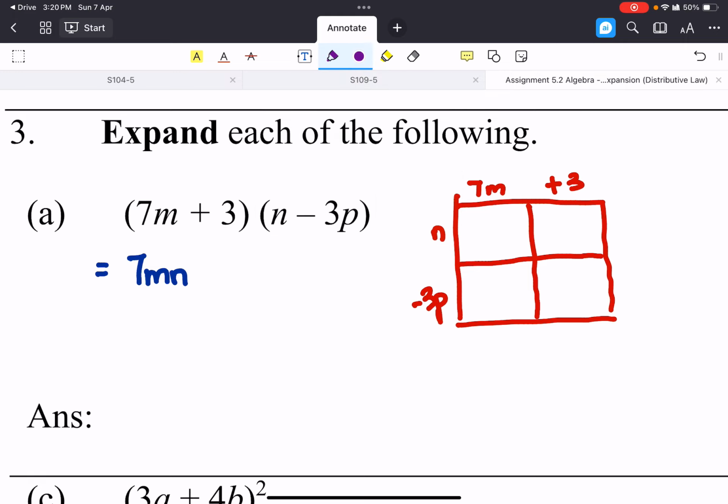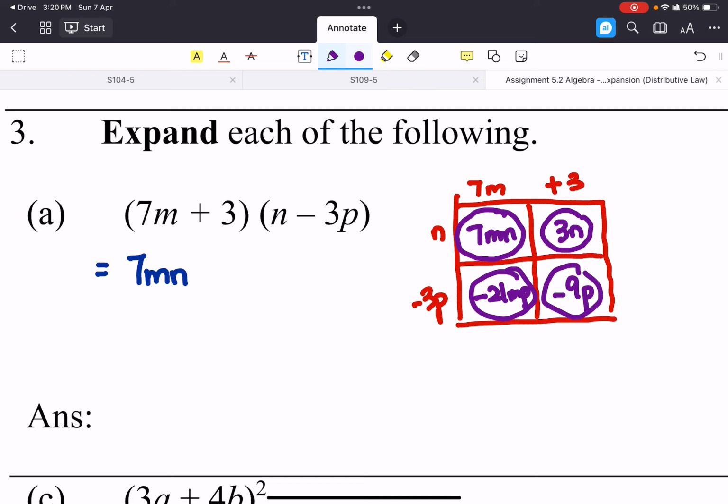So from here, we have actually 7mn. That's the area, right? So over here, we have 3n. Over here, we have negative 21mp. And over here, we have negative 9p, right? So that's how we can continue. So we have plus 3n minus 21mp minus 9p. Okay, is this the simplest form? Yeah, it's the simplest form.